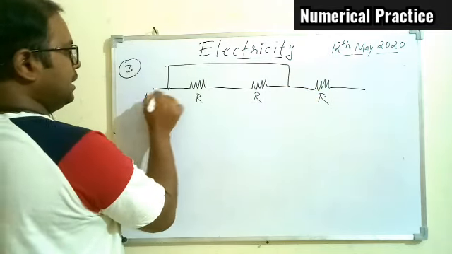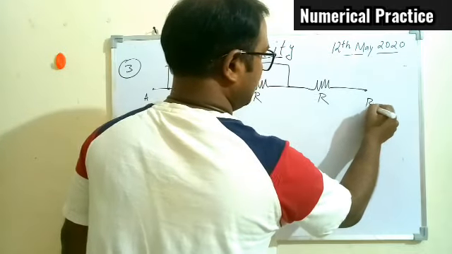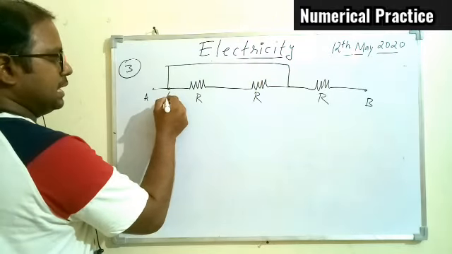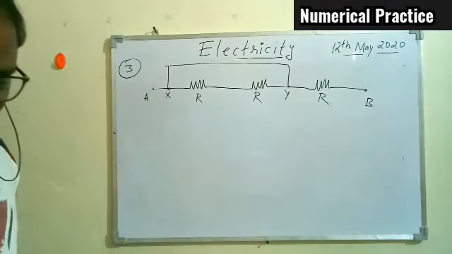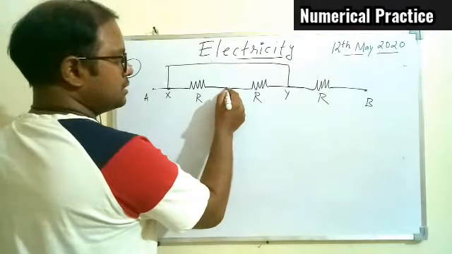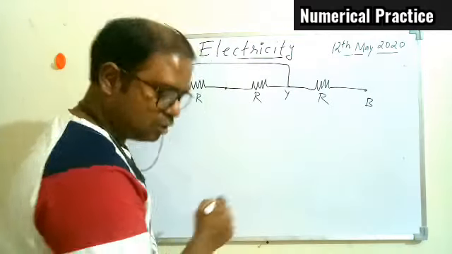Let this point be A and the last point B, and let these be X and Y. This is one connection shown, and another connection is shown here between this and the last one.